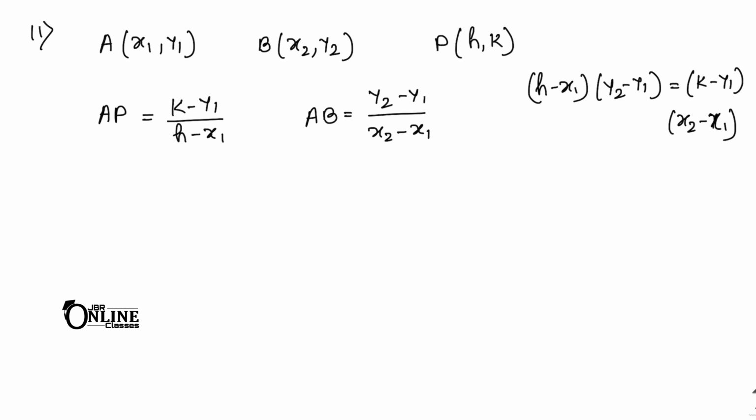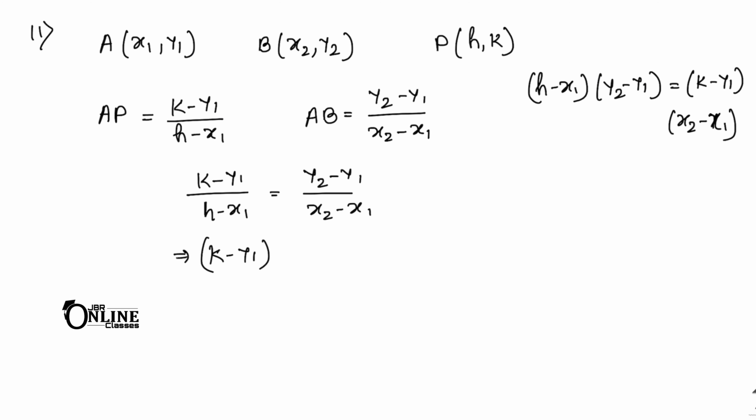So as the slopes of AP and AB are equal, you can write (k minus y1)/(h minus x1) equal to (y2 minus y1)/(x2 minus x1). So now cross multiply: (k minus y1) into (x2 minus x1), and (y2 minus y1) into (h minus x1). So it's proved.